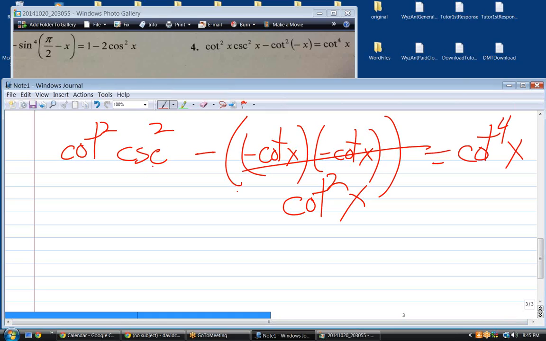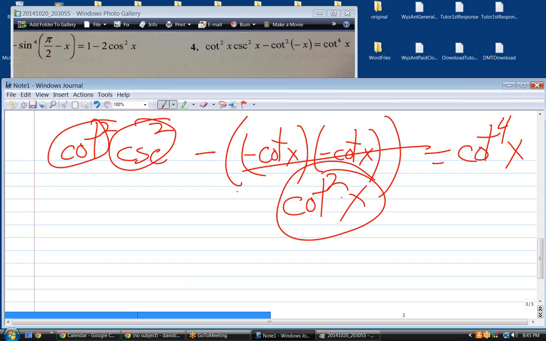Well, what is cosecant? In terms of cotan. In other words, right now, we've got a cotan there, a cosecant there, a cotan there, and cotan there. So the easiest way to do this is going to turn this cosecant into cotans.